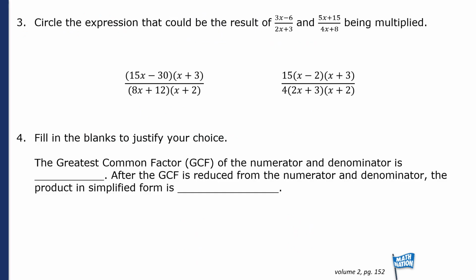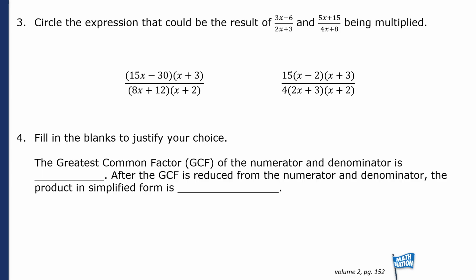So here now we have this expression. We're multiplying the same expressions from the table to see what the results would be. So they want to know which expressions we would circle that could give the result of the two expressions from the table. So 3x minus 6 over 2x plus 3 times 5x plus 15 over 4x plus 8.